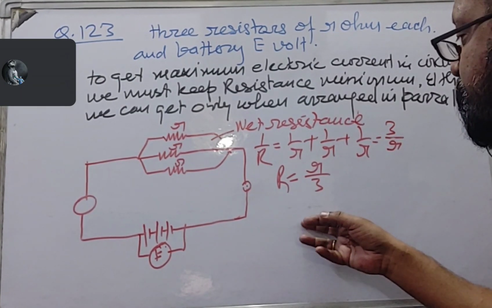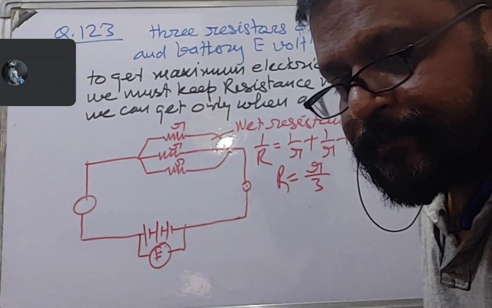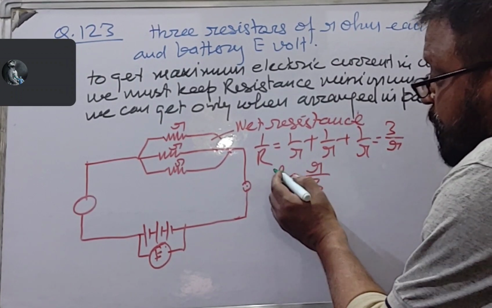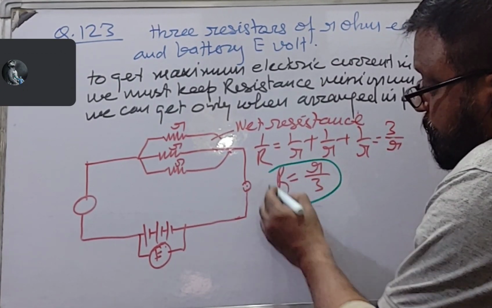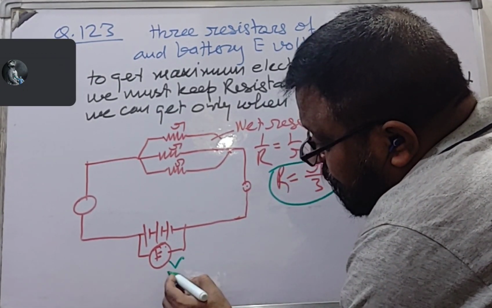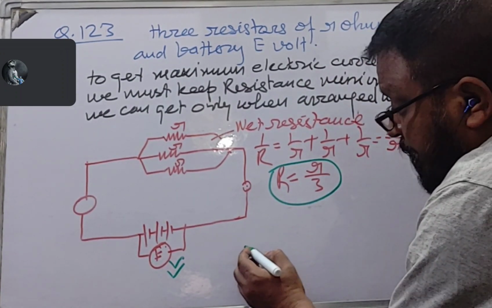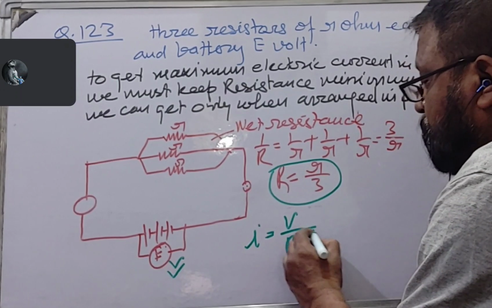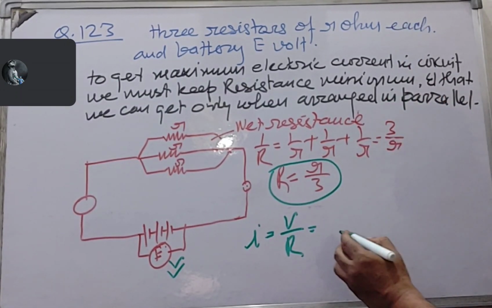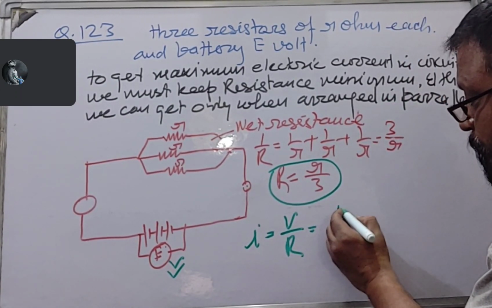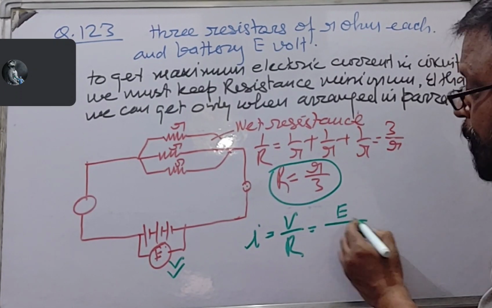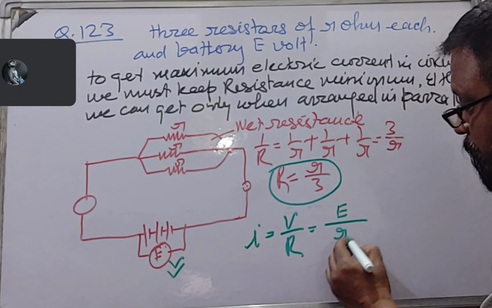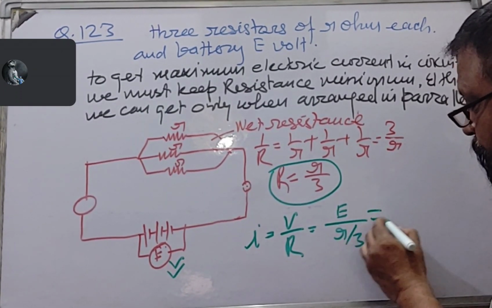This is the net resistance of the circuit, and this is the potential difference. So I is equal to V upon R. So it becomes E upon r upon 3.